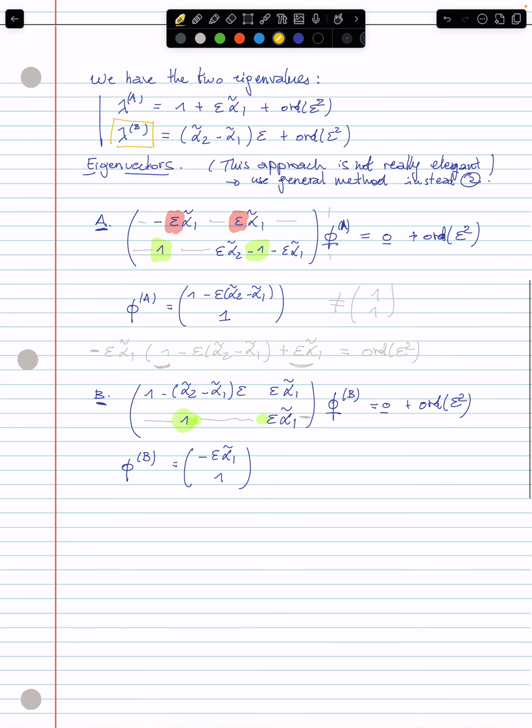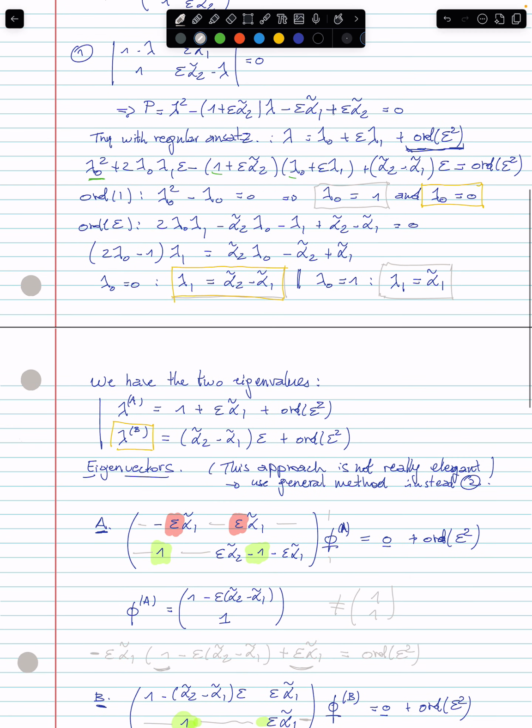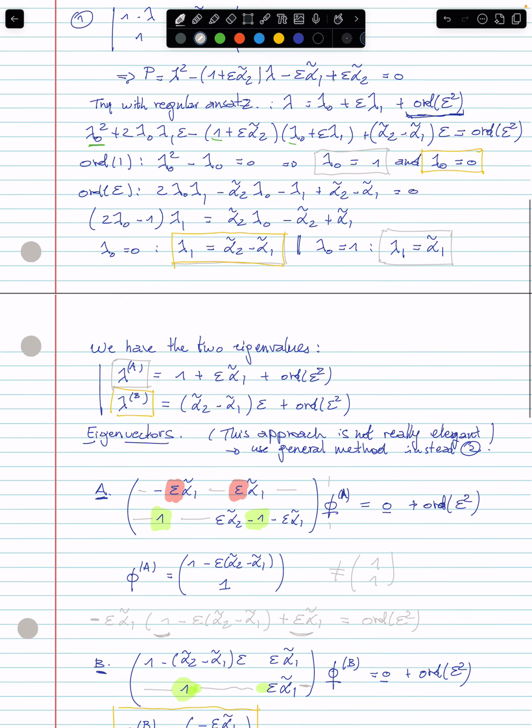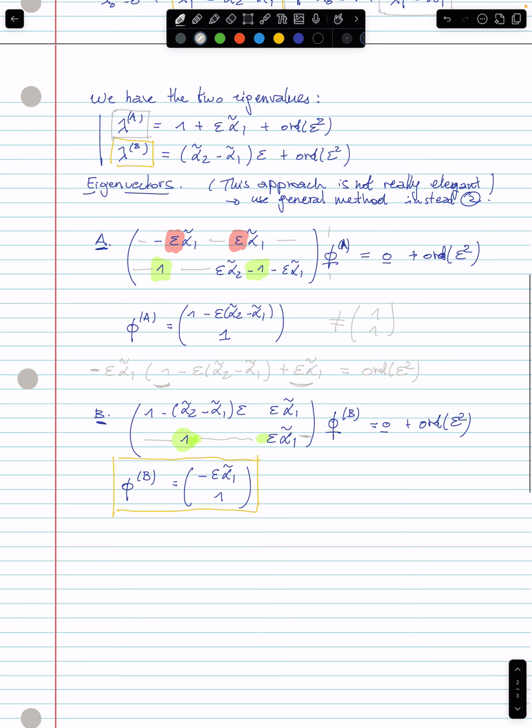And this comes with this eigenvector. And in gray, we had lambda 1, which is 1 plus alpha tilde epsilon. And this one comes with the eigenvector over here, like this.